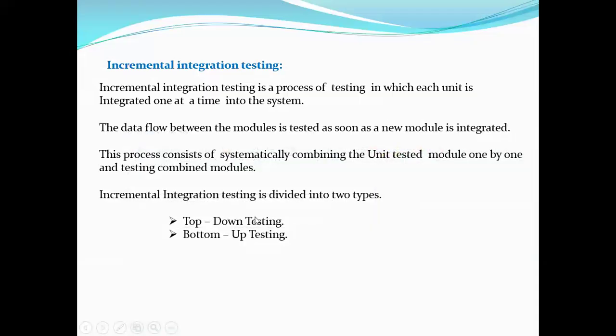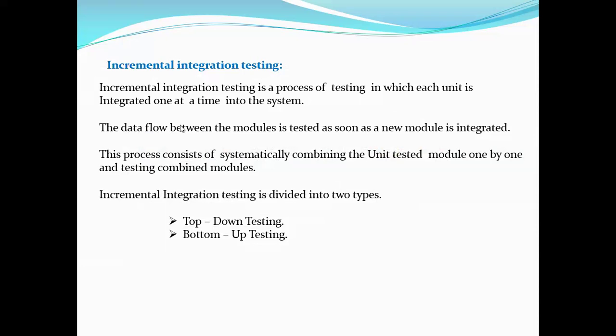So whenever any new module is added, that is what he's saying, the data flow between the modules is tested as soon as the new module is integrated. No one will tell you in real time to test this one, test that one.